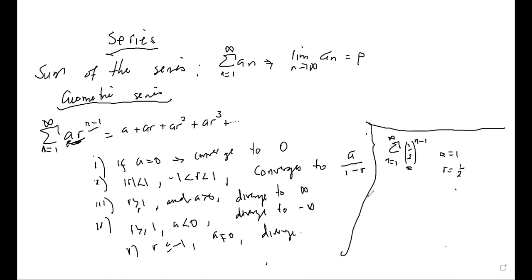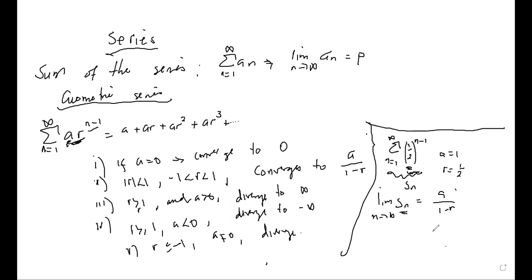Which comes as a limit. So it will come as a limit as n goes to infinity of this guy, which is given by A over 1 minus R. So where the sum is this one here, it's the Sn.